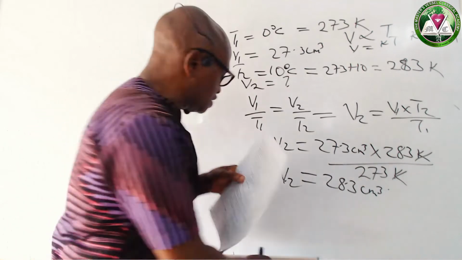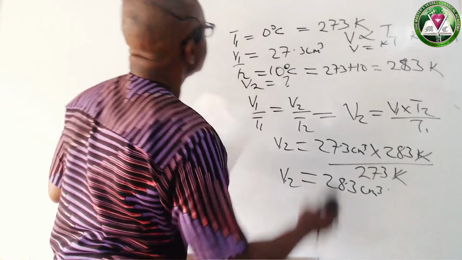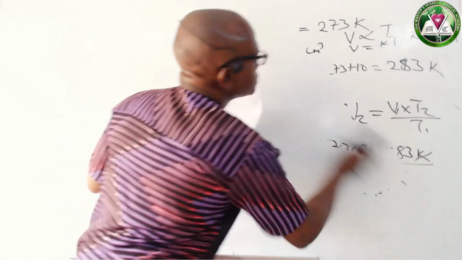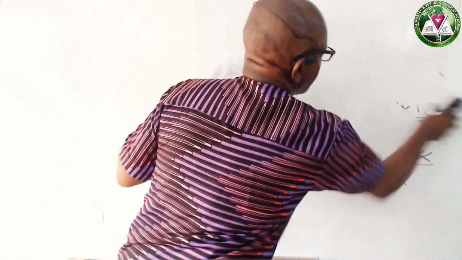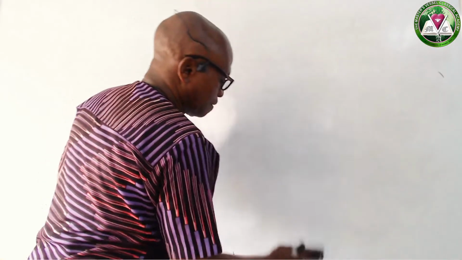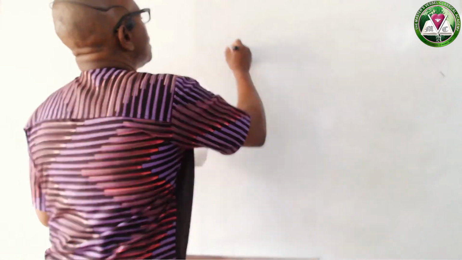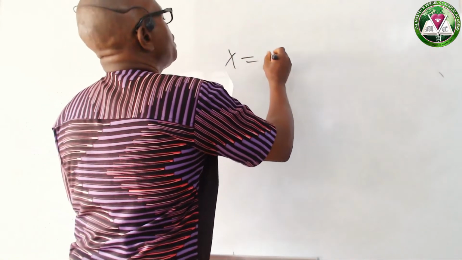Then number 26. I think I can clean the board. Number 26 says, what does X stand for in the following expression?